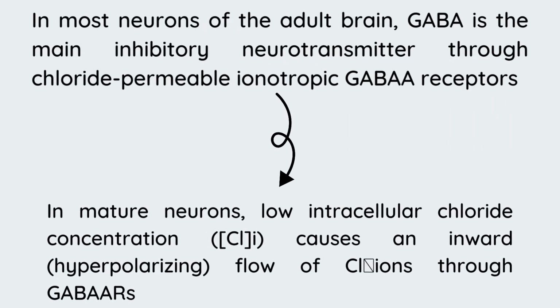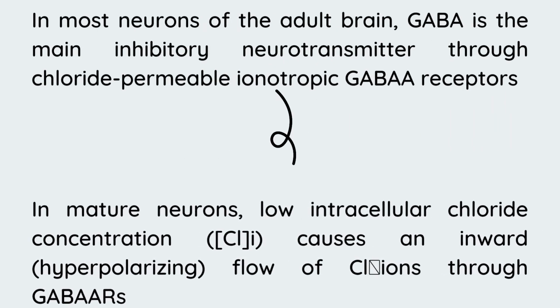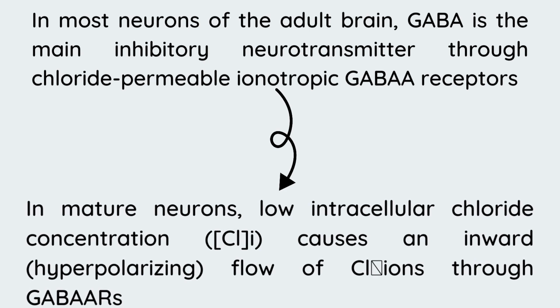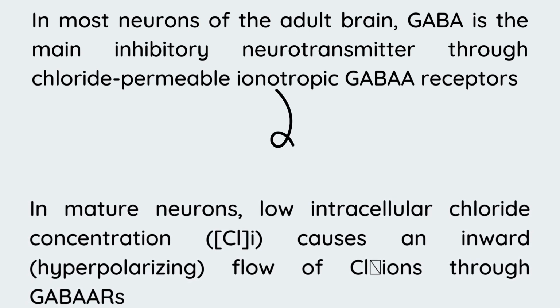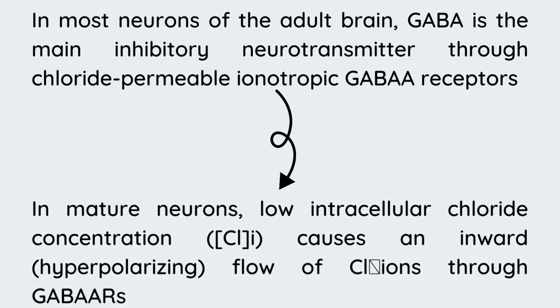In mature neurons, low intracellular chloride concentration causes inward flow of chloride ions through the GABA A receptor, causing the neuron to hyperpolarize. However, relatively small changes in neuronal chloride can switch the polarity of the GABA A response from hyperpolarizing to depolarizing, as seen during development of rodents from the neonatal to the postnatal stage.